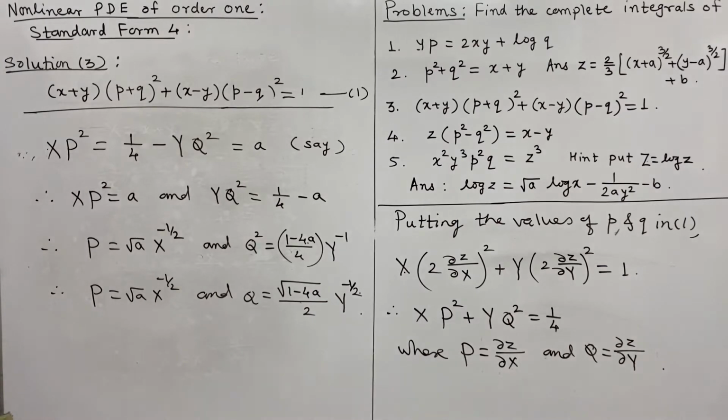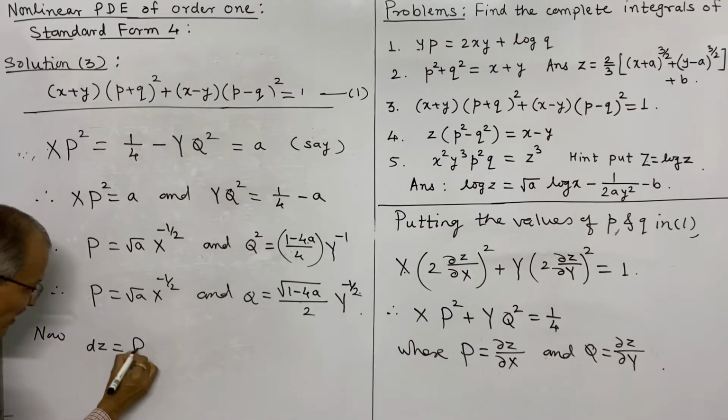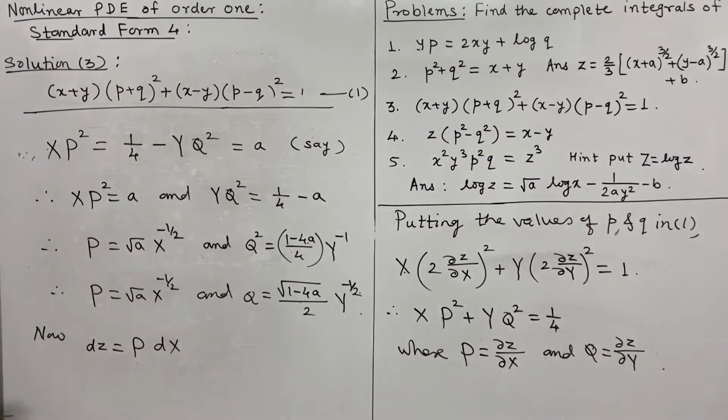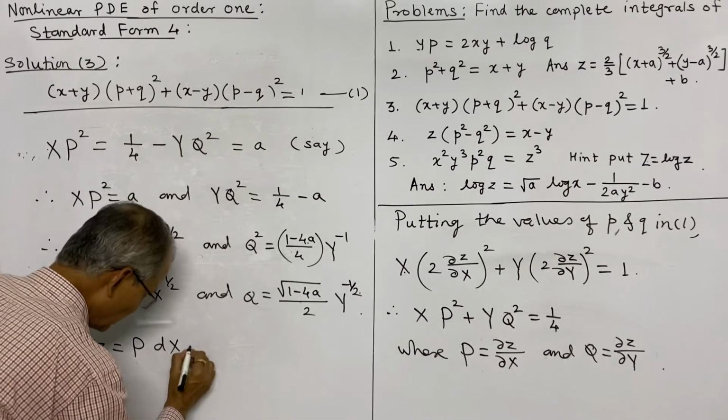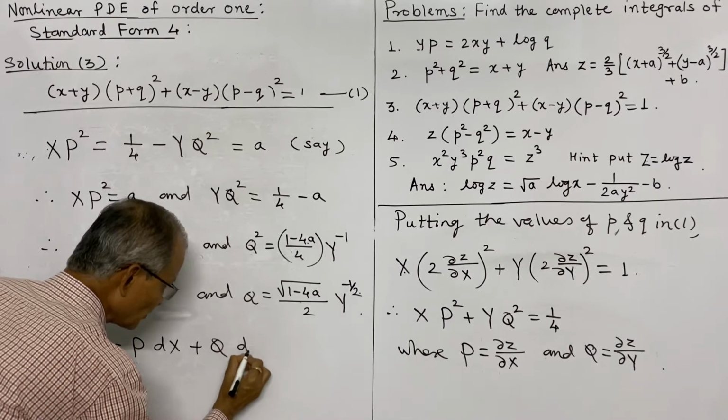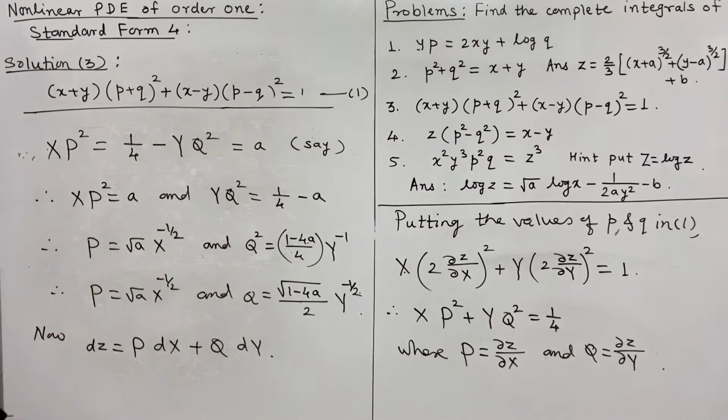Now we write dz. Now dz is equal to P into dx, terms will be now in capital, capital P into dx plus capital Q into d of capital Y. This is dz. Now what is the value of capital P? We have obtained it here.